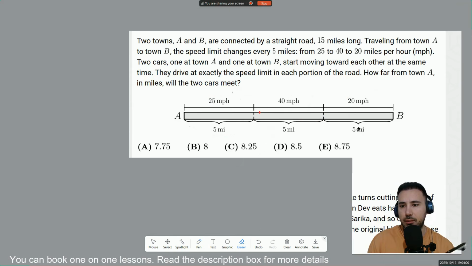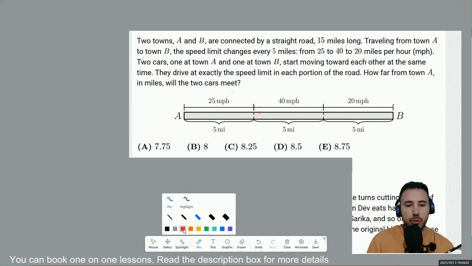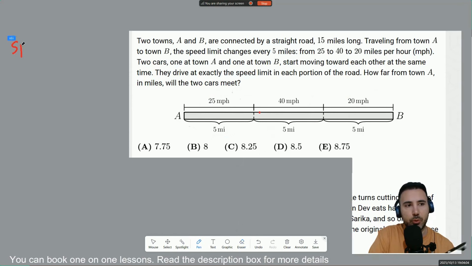And that's it. So we also know that speed multiplied by time is equal to distance. Do we need to memorize it? Absolutely not.